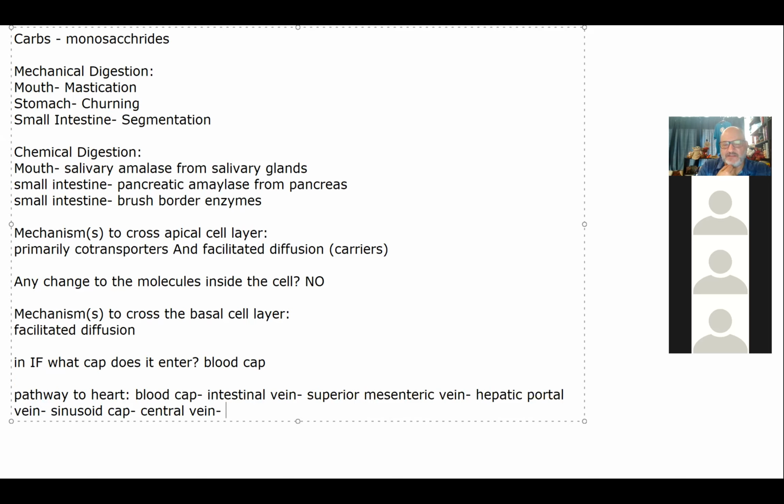What takes us out of the liver? The hepatic portal vein brought us into the liver, and then it is the hepatic vein that takes us out. Okay. And that hepatic vein feeds into what?